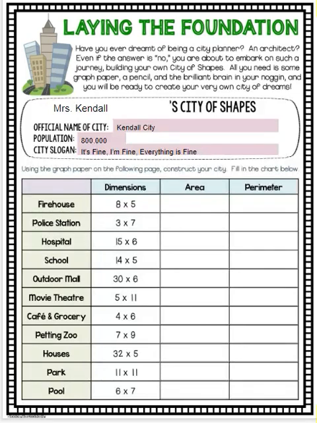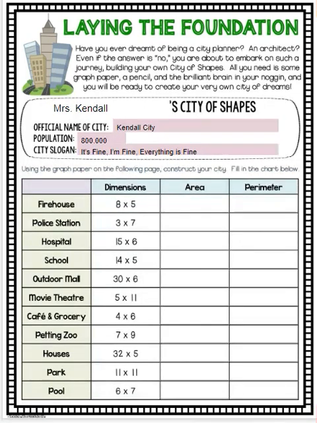And then you can write whatever your official city name is. So Mrs. Kendall's City of Shapes is called Kendall City. My population I chose is 800,000. And my city slogan is, "It's fine, I'm fine, everything is fine." You can do whatever slogan that you'd like. This part is just for fun.